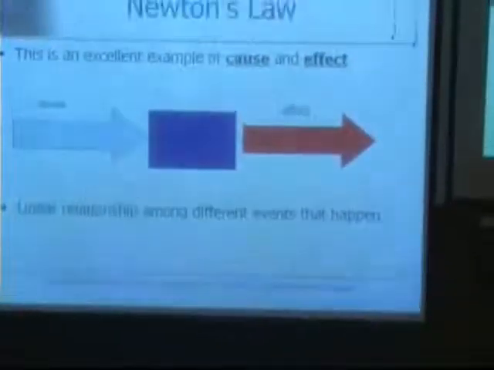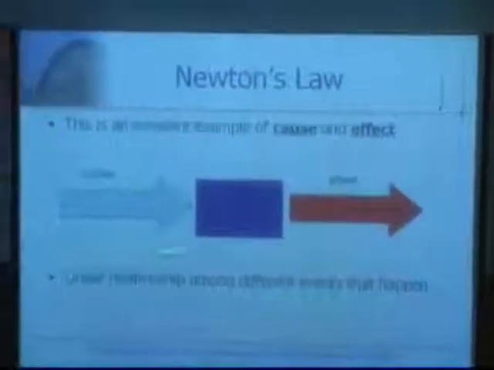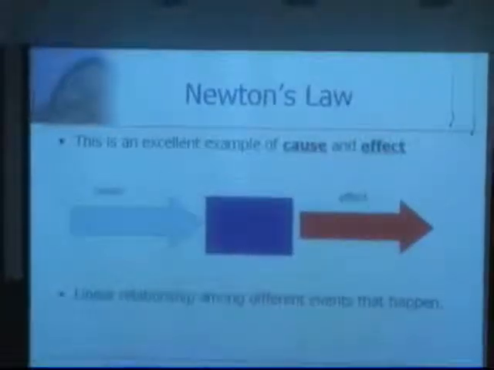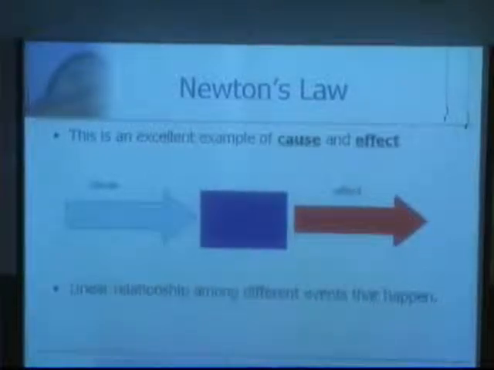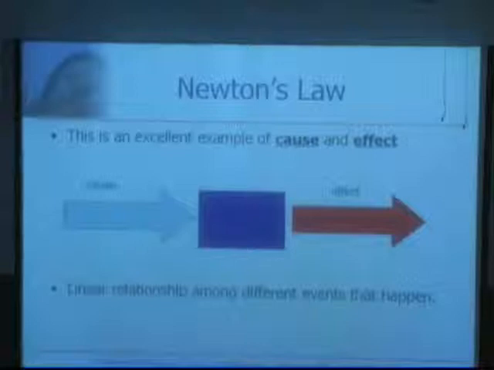Now, this is an excellent example of cause and effect. There is a cause, it comes in and produces some effect on, in this case, a PowerPoint object. It's just a block, but you could conceptualize this as many other types of things.